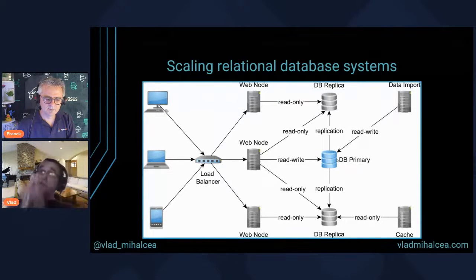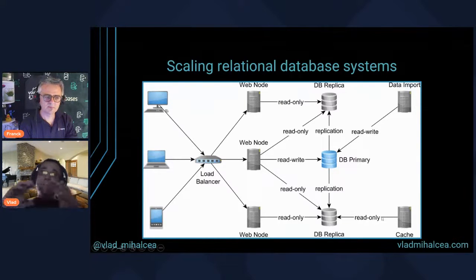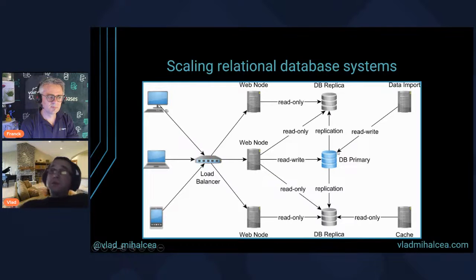You can use something that I can show you in the code later: an abstract routing data source, which, based on the transactional annotation, checks whether it's read-only. If so, I route it to the read-only data source, otherwise to the primary data source for read-write transactions. But eventually, you're going to have a single primary node, which can only be scaled up. You can only scale that vertically, and that can be a limitation.